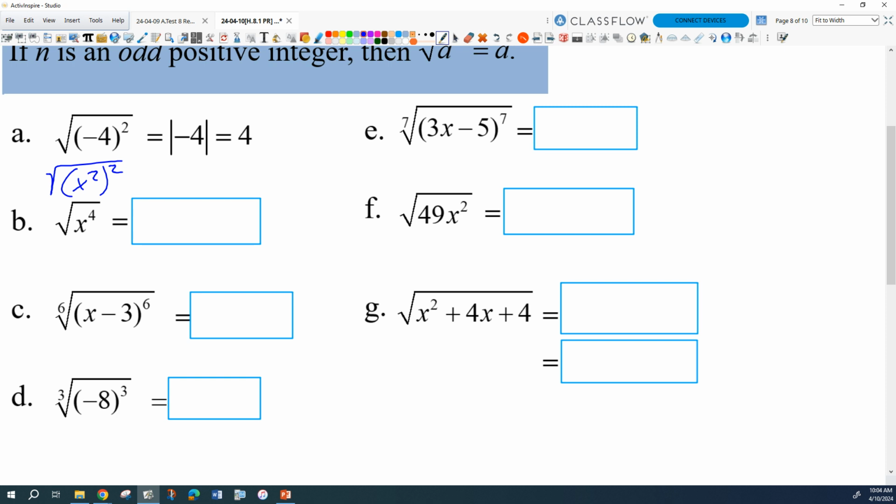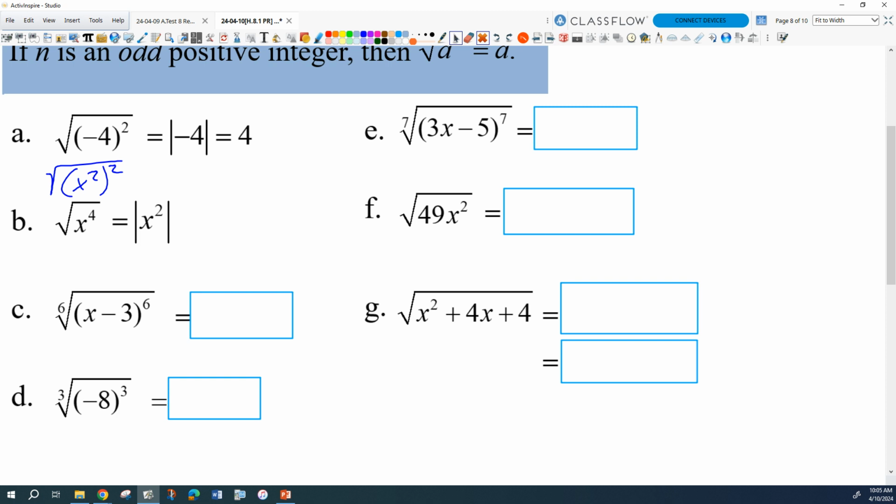Right? So technically, that's the absolute value of x squared. Now, I disagree with the book's answer here, though, because x squared, do I need absolute value bars around x squared? I really don't. How come? Because it's always positive, isn't it? Right? Agreed?